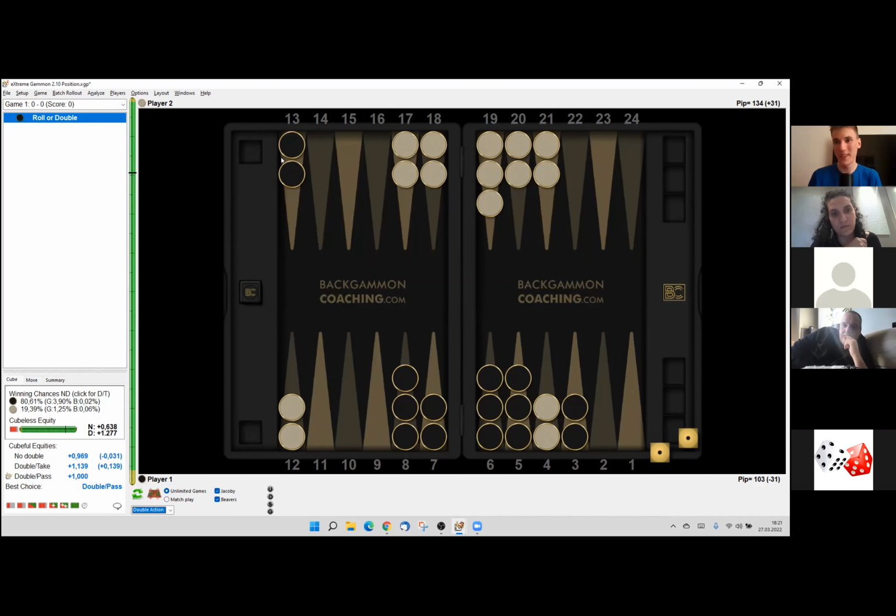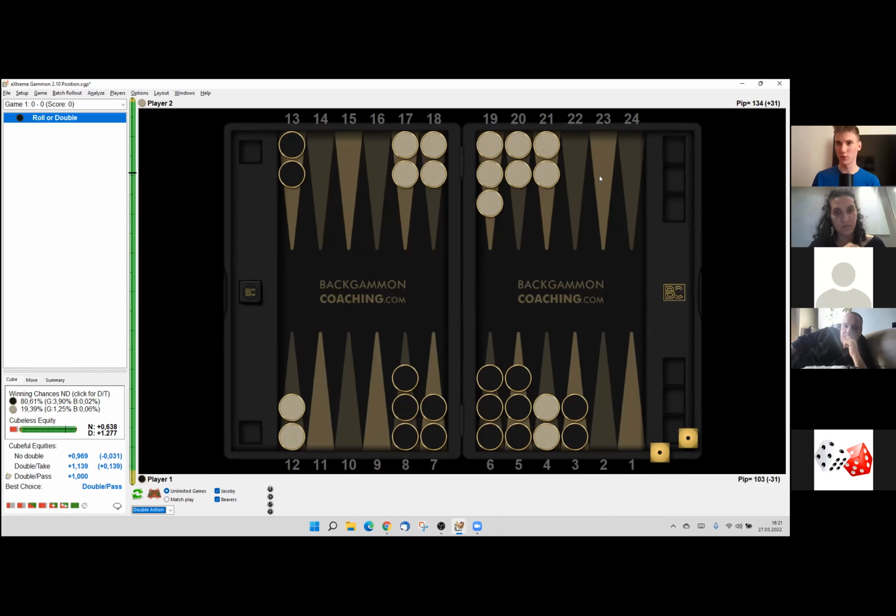Now it's much easier for us to bring our checkers down and just bring them in. So with 7-point and 8-point build, once you are more than 20 pips behind, you don't want to take the cube.